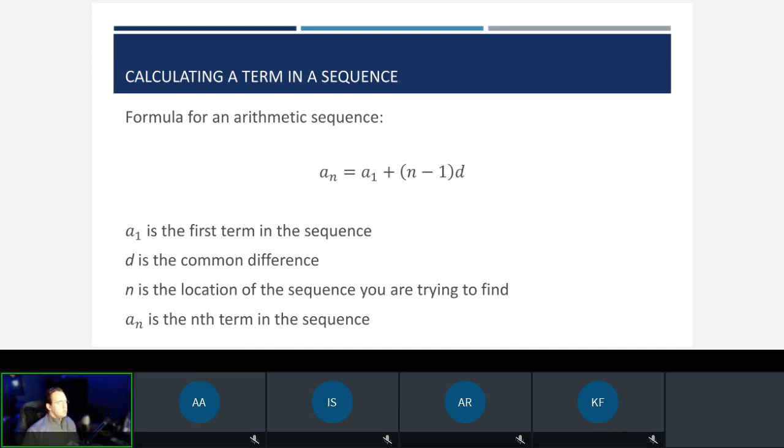The variable d is the common difference. The variable n is the location of the sequence you are trying to find. So we can find like the 10th term, the 100th term, the 1000th term, or whatever. That is the nth term. So whenever you hear me say nth term, that's what I'm referring to.